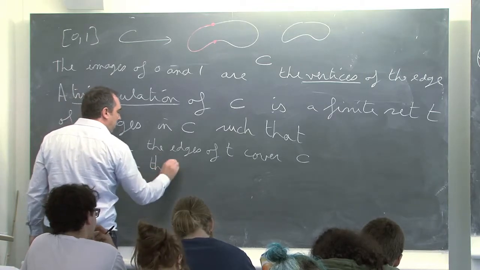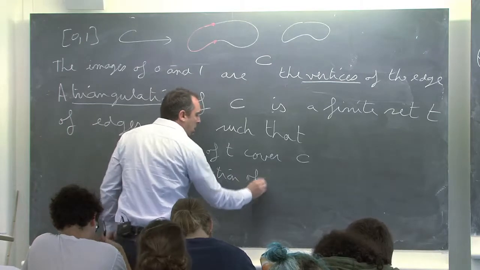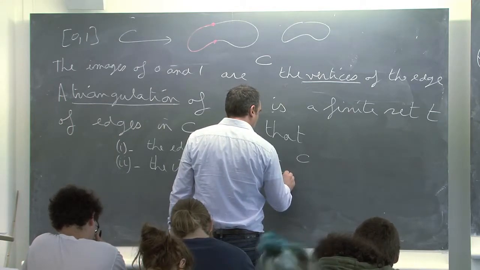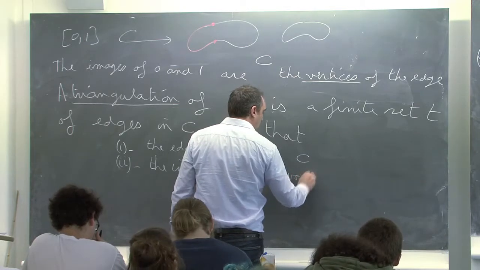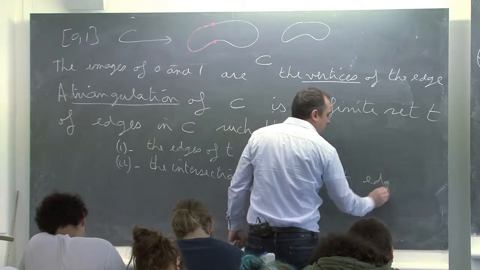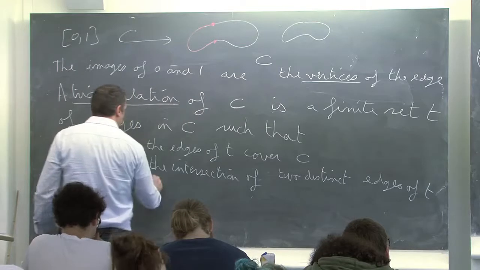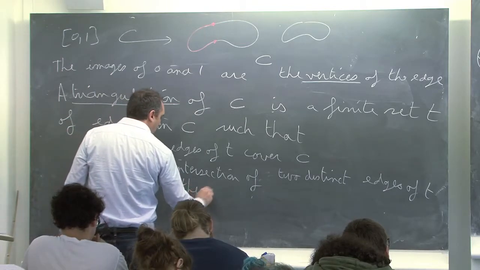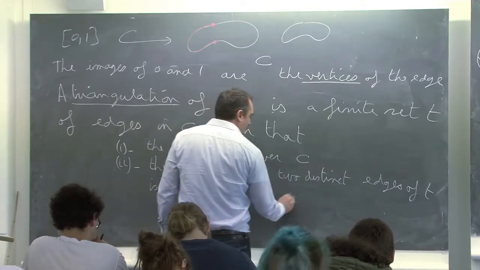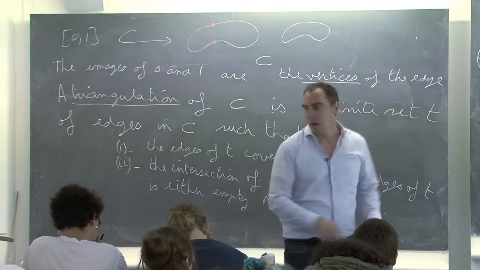So the intersection of two distinct edges of T is either empty or a vertex.